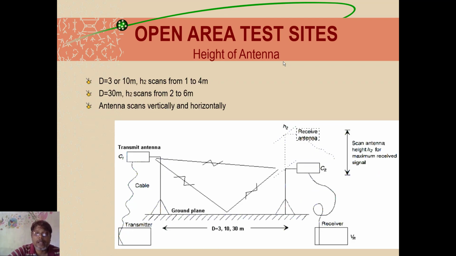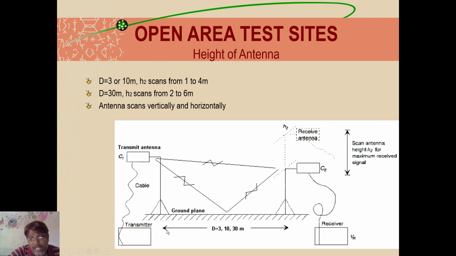Sometimes we need to know the height of the antenna also. You can vary the antenna height and then do the measurements. You can see here it's a ground plane, and it's a receiver. This is your receiver antenna, and this is your transmitting antenna. What should be the height in this case?